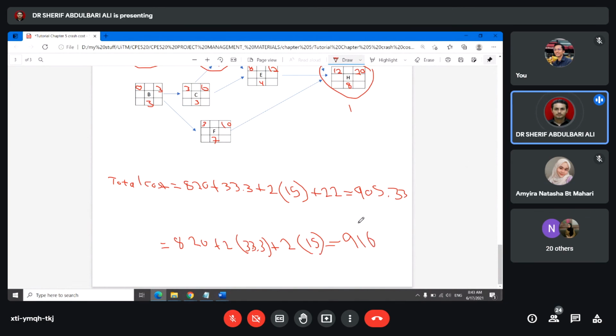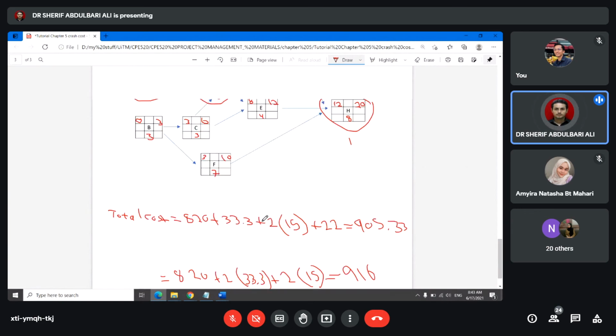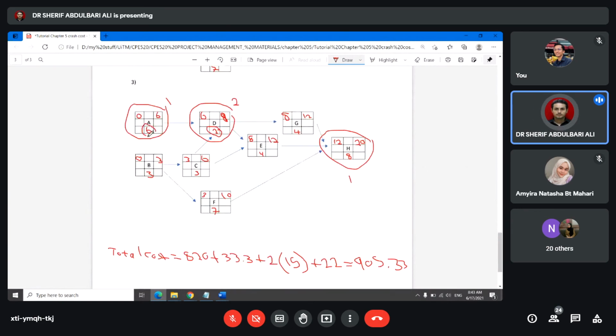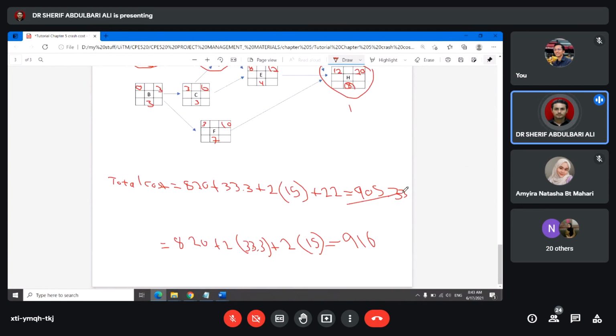So the cost is still high. So the easiest one is to crush 1 day from A and 1 day from H. So you will get the minimum cost in here.